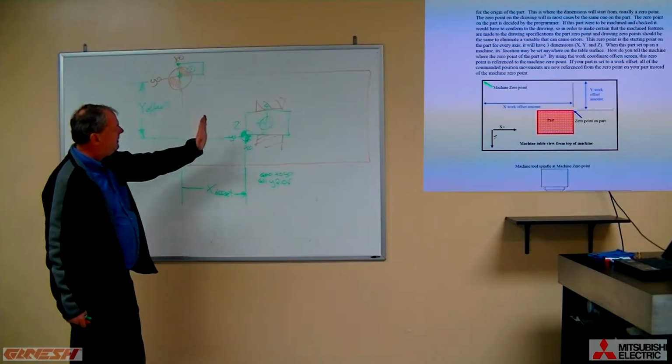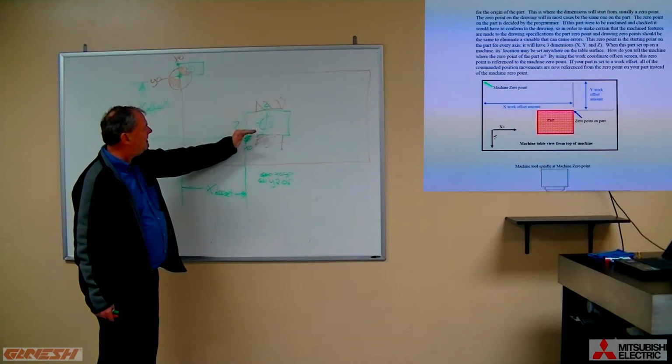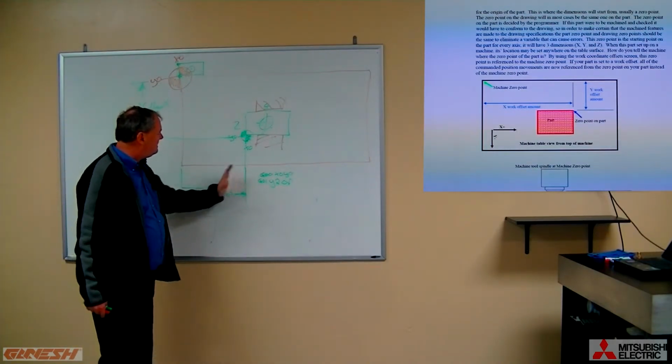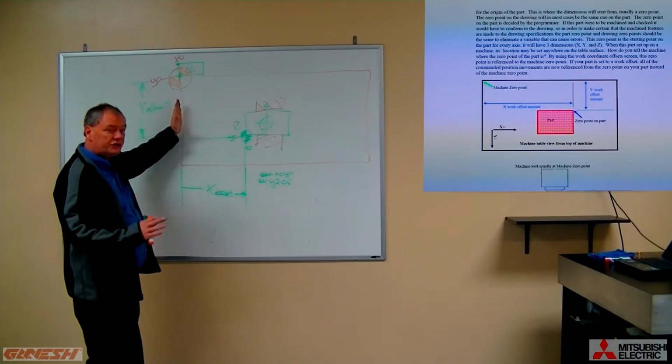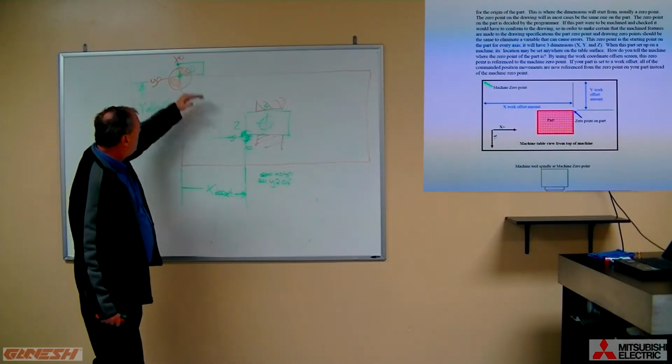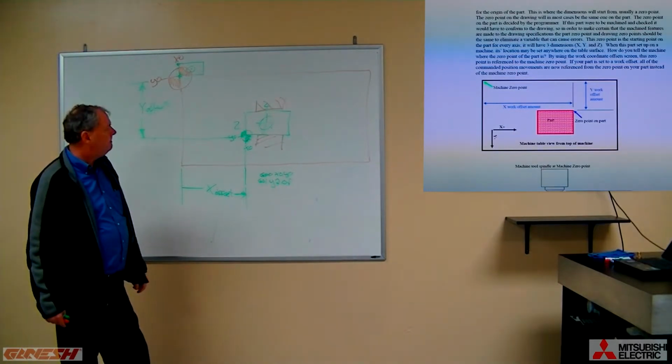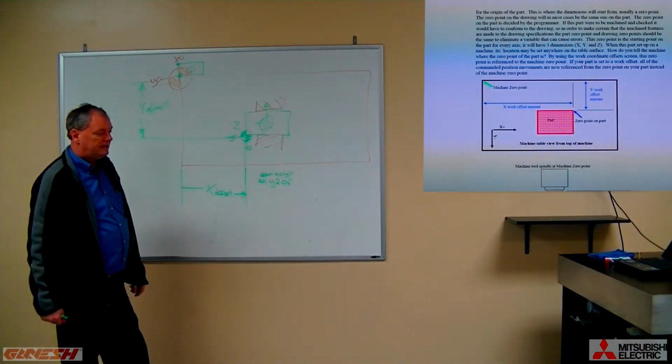So the operator and setup person are going to indicate that and key into the control what this X distance is away from the machine home and what this Y distance is from the machine home. They're going to dial that into the table.